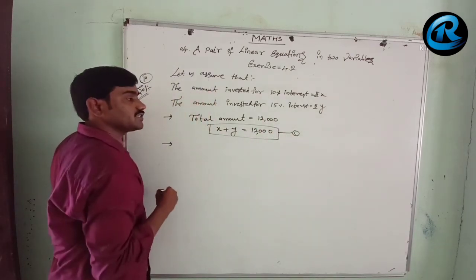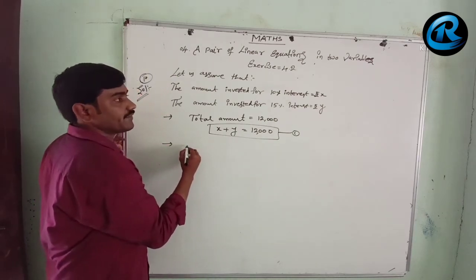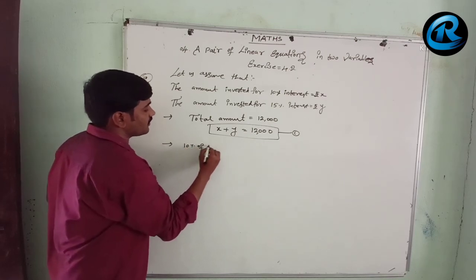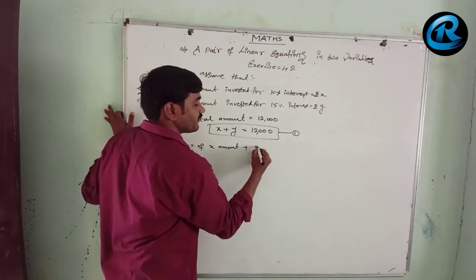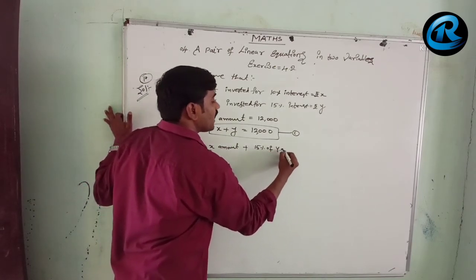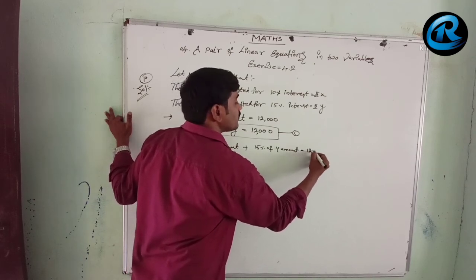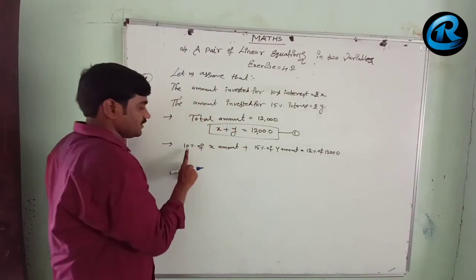And the next one, what is the statement? 10% of X amount plus 15% of Y amount is equal to 12% of 12,000.